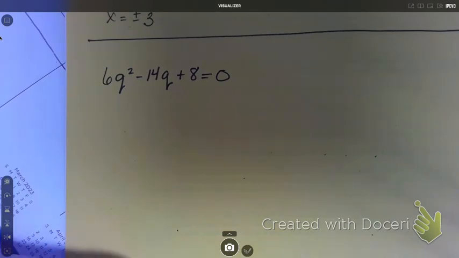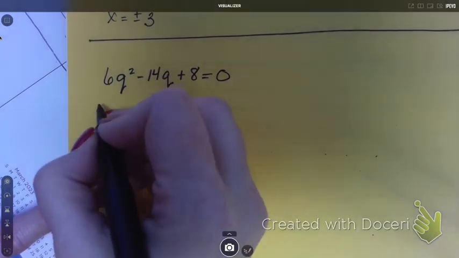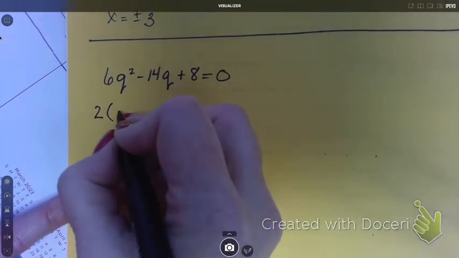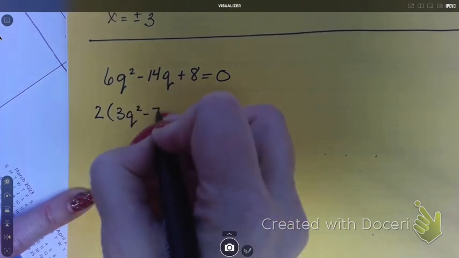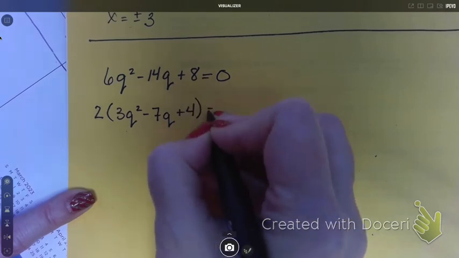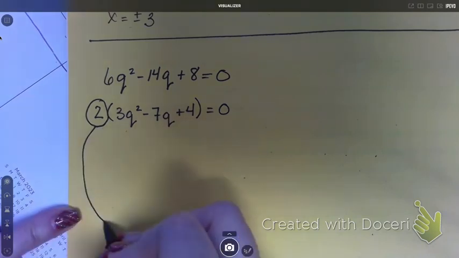They all have a 2 in common. Guys, when I factor out a 2, does it make the numbers smaller that I have to multiply later? Yes. So we want to look for those. If I factor out a 2, I have 3q squared minus 7q plus 4 equals 0. And remember, you don't do anything with the 2 until you put it back on at the end.